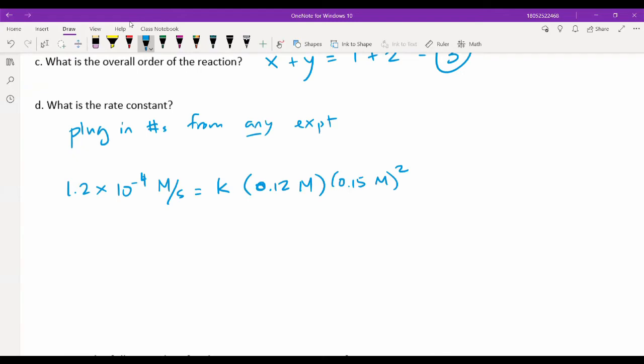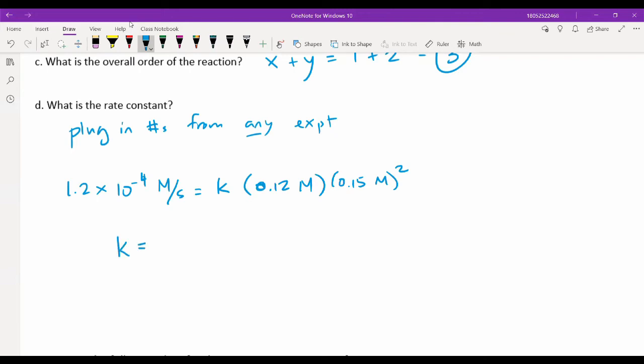I would include the units. I recommend that because the units of k will vary, and it's important to have the right units. I know it's kind of a nitpicky thing, but it's just the way tests and homework operate, they're picky with units.